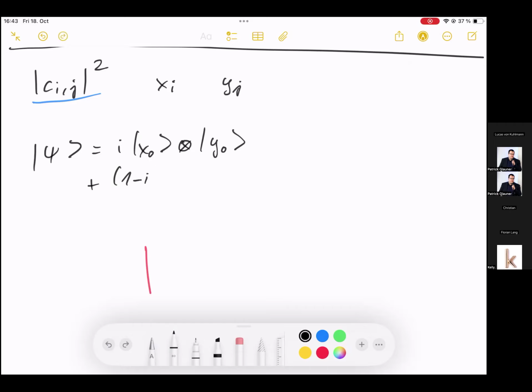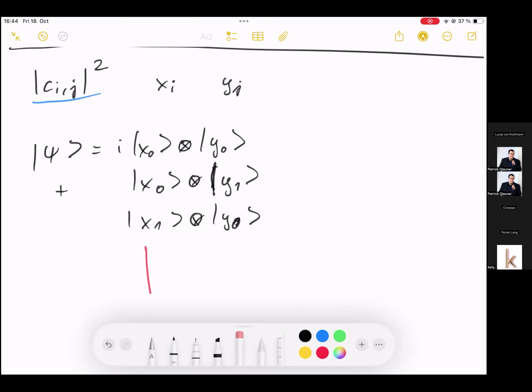Well, I'll just write this, just move this somewhere here so that we always have it at the same distance. So x0 and y1. I'm just writing down this first x1 and the tensor product with y0, and then x1 and the tensor product with y1.